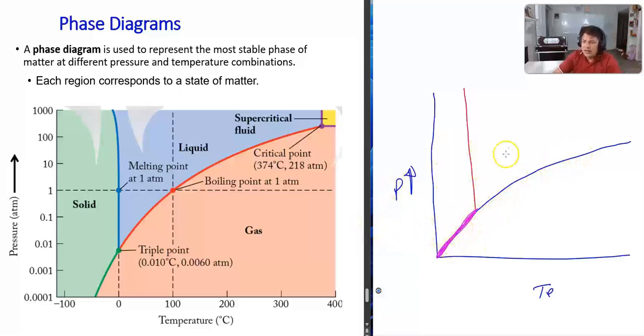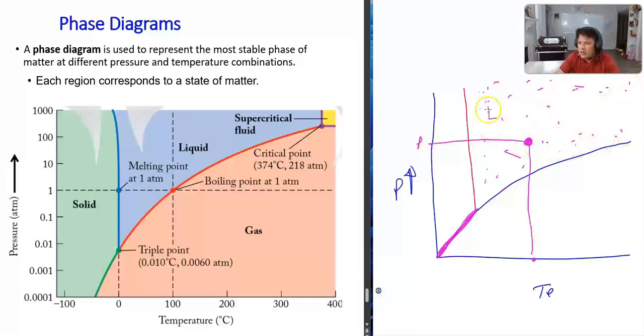So look at that, in this whole region, all these points have a certain temperature and pressure, right? Let's say this is the temperature. If you pick out this point here, this point has a certain temperature and a certain pressure, right? This much is the pressure, this much is the temperature. This pink dotted region is for the liquid.